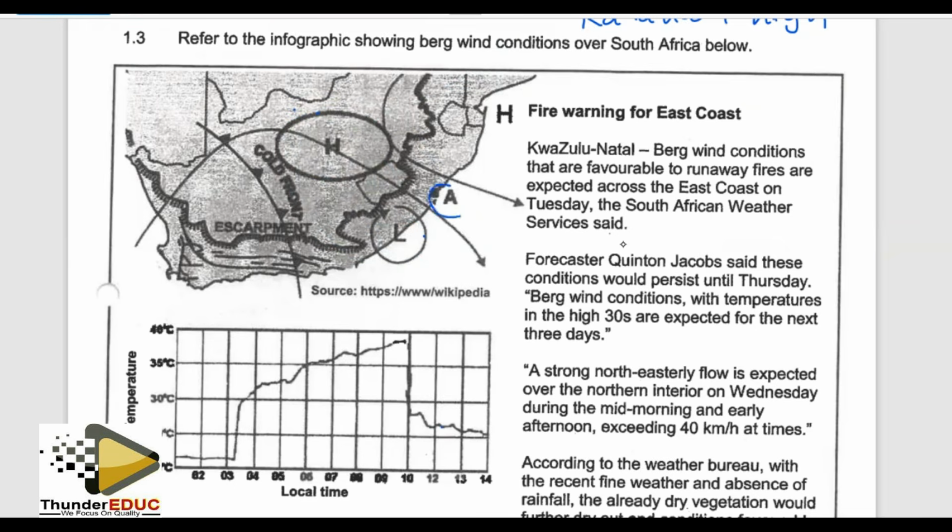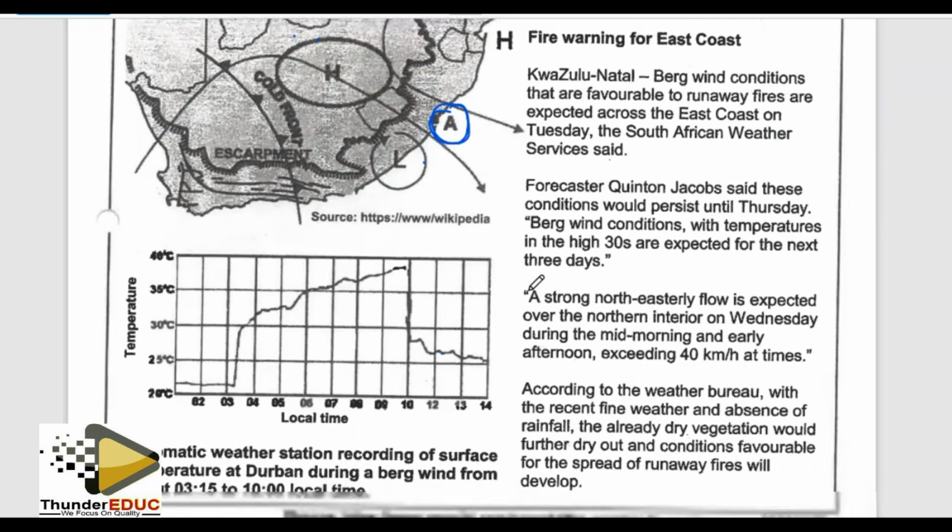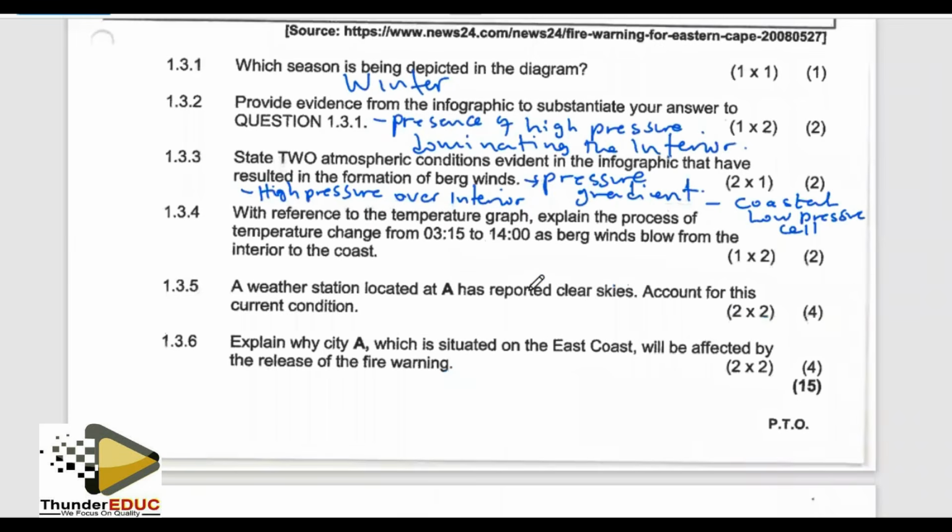Along this area there are clear skies. When they say clear skies, it means there are few or no clouds developed along point A.